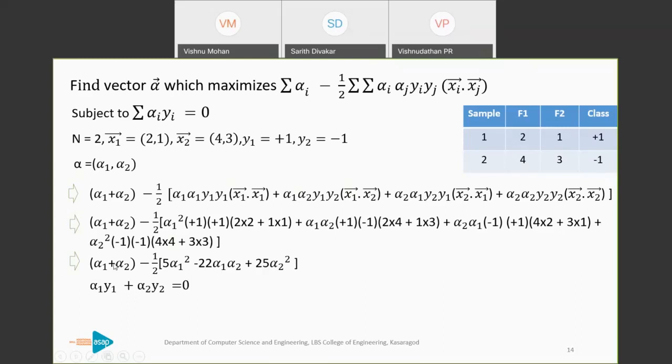So we have to find a vector alpha which maximizes this expression. This is the expression now to be maximized.